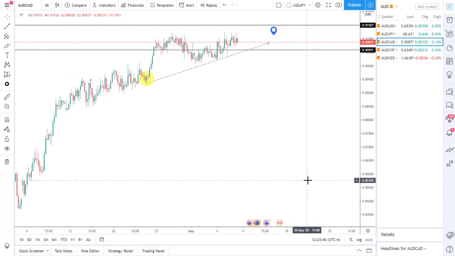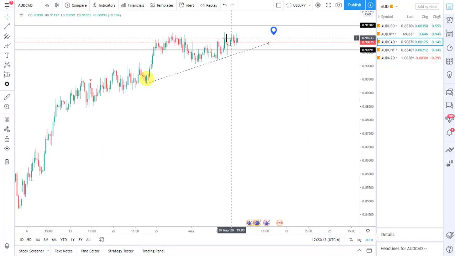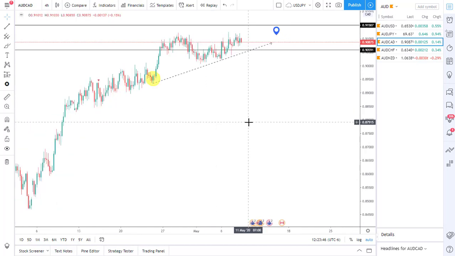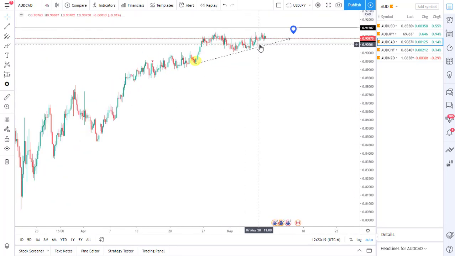That's how I trade. Also, keep in mind that here we're having a compression once again. So if you get short right now and the result of the compression is to the upside, your stop loss will be killed. So that's why when I identify this type of price behavior, compressions, what I do is I wait.